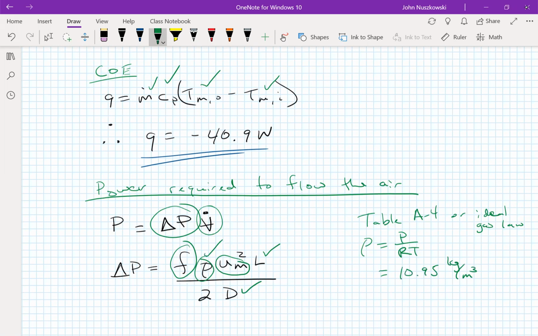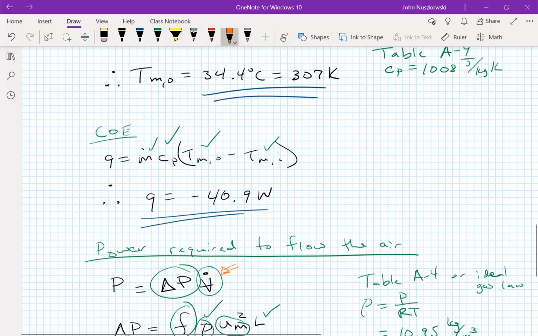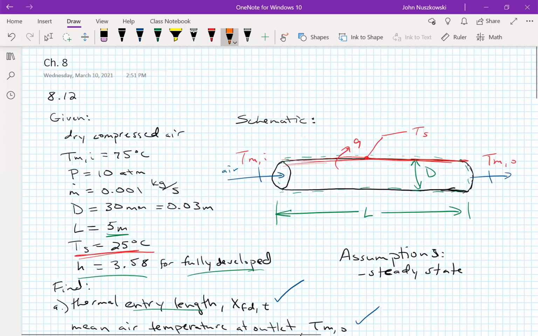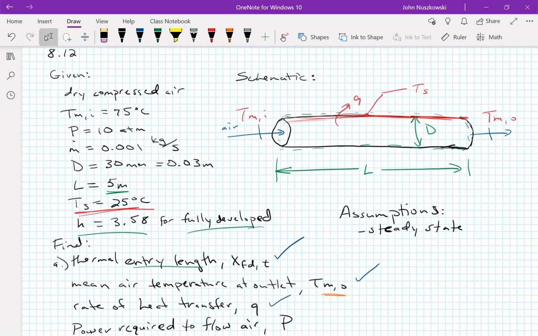All right, so then how do we get volumetric flow rate? What do we know that could possibly get us there? Mass flow rate.